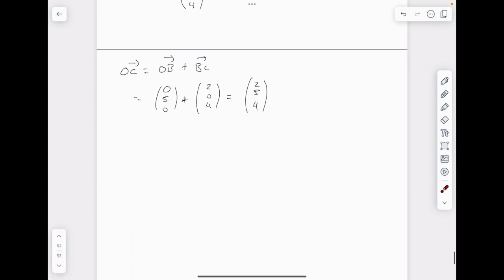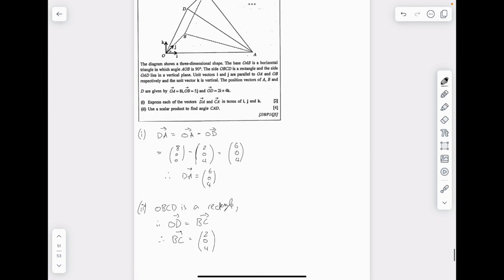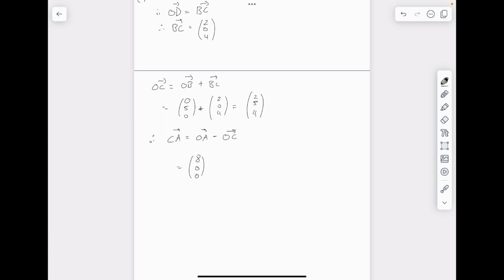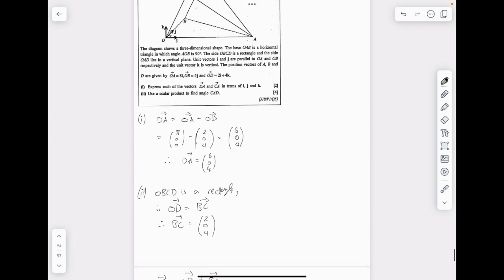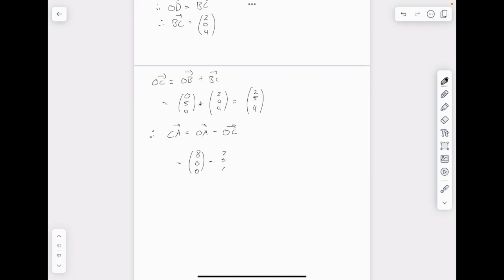So therefore CA is going to equal OA minus OC, which is going to give me OA, which is 800, minus OC, which we found to be 254.